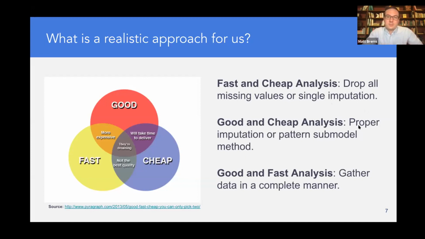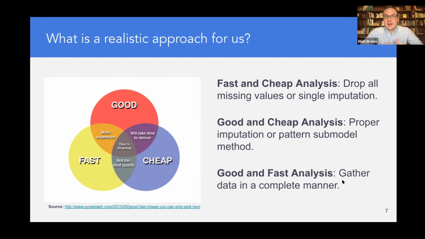If you do proper imputation or use the pattern submodel approach, you might have an analysis that is good and cheap. And then if you gather your data in a complete manner, so you gather all of that data up front and there's no missing data, your analysis would be good and it would be fast, but it's not going to be cheap. It often costs a lot of money to invest in order to gather that data in a complete manner up front where no data is missing.